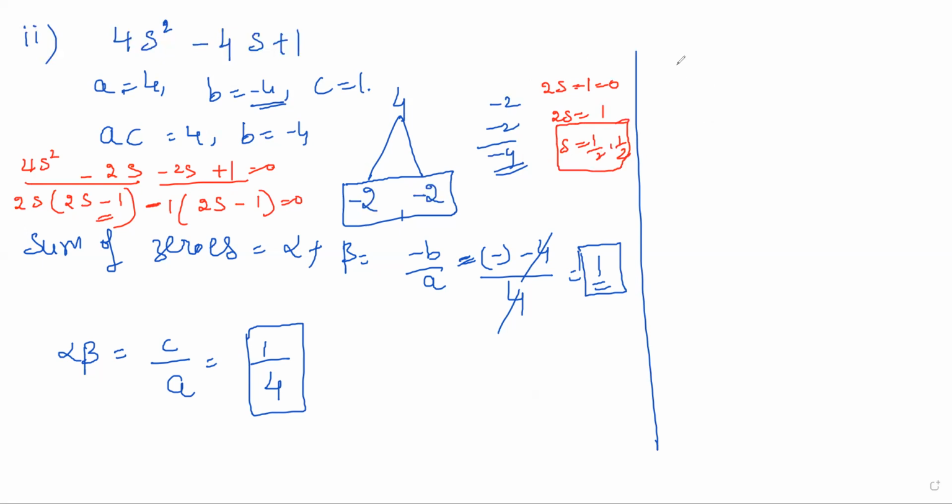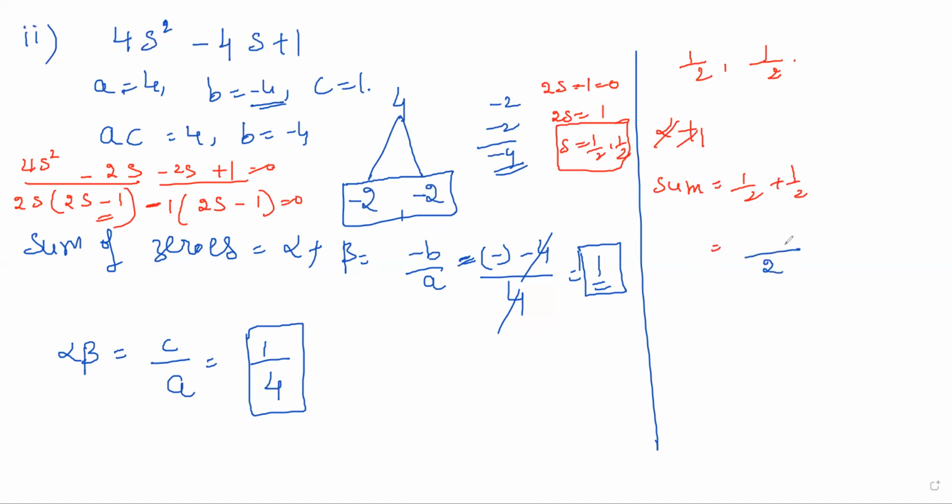Now we'll verify that. We have got the roots 1 by 2, the same roots. So alpha plus beta, or the sum of the zeros. What is the sum of zeros? 1 by 2 plus 1 by 2.